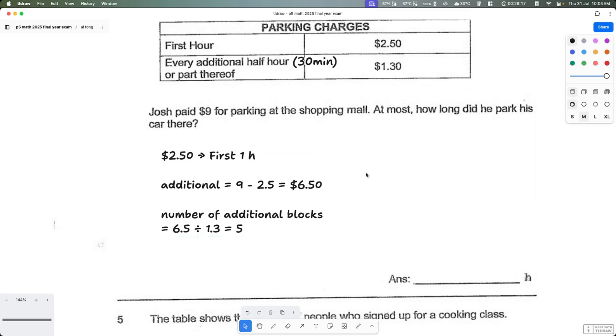Okay, so how long did he park his car? At most means highest possible, or longest possible amount of time.